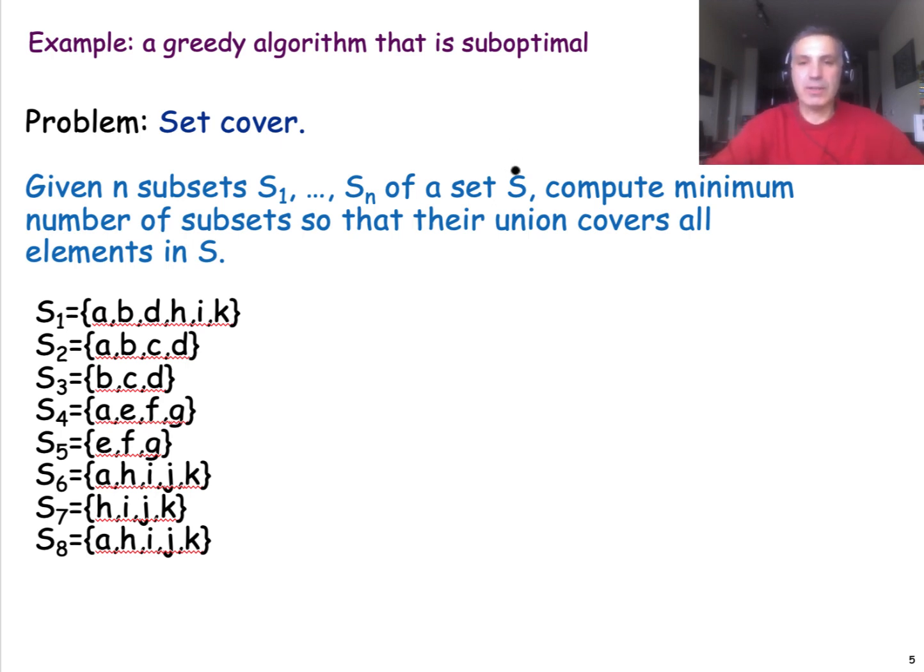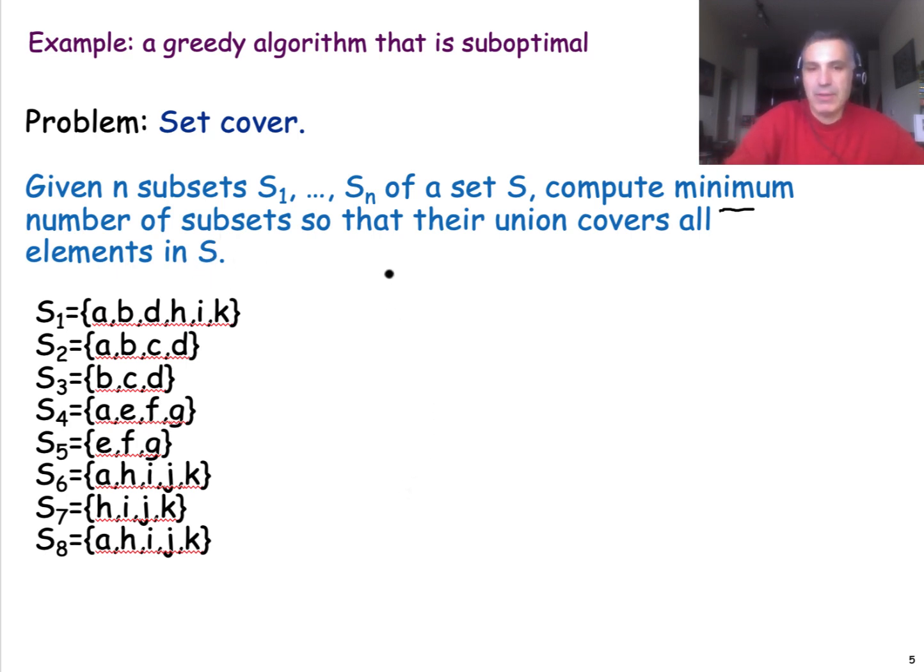So here you are given a set S of some elements, numbers, characters, whatever, and you are given n subsets. Each of these subsets has elements of the set S. The goal is to compute the minimum number of such subsets such that the union of those subsets will cover all the elements in S.